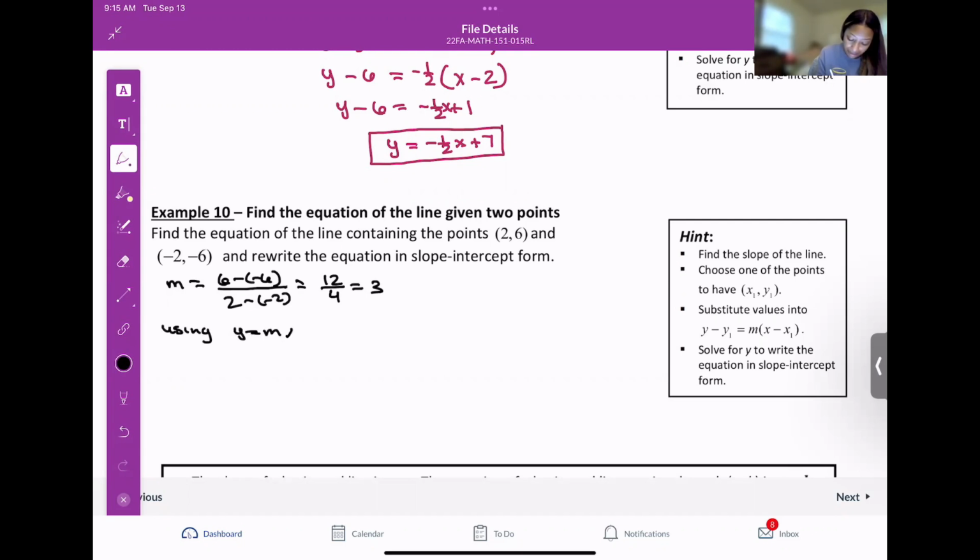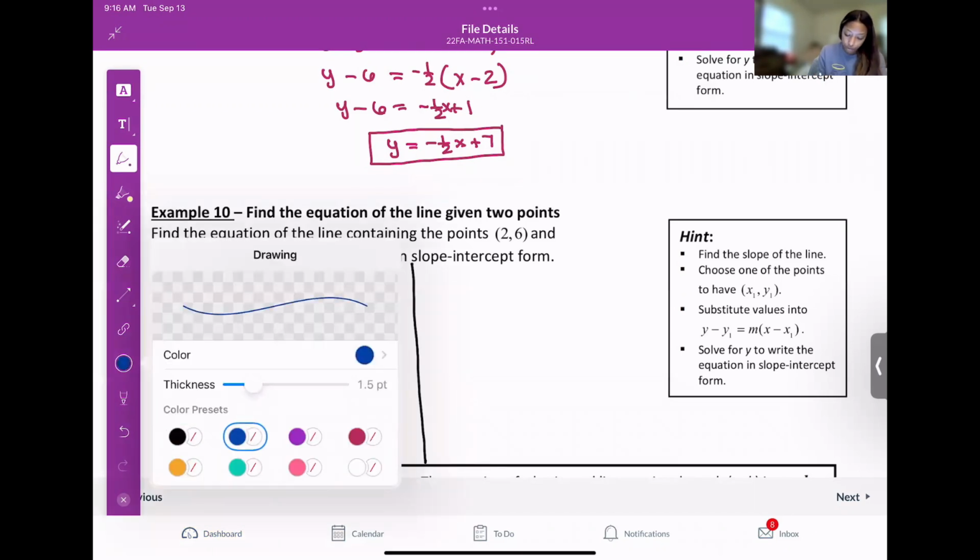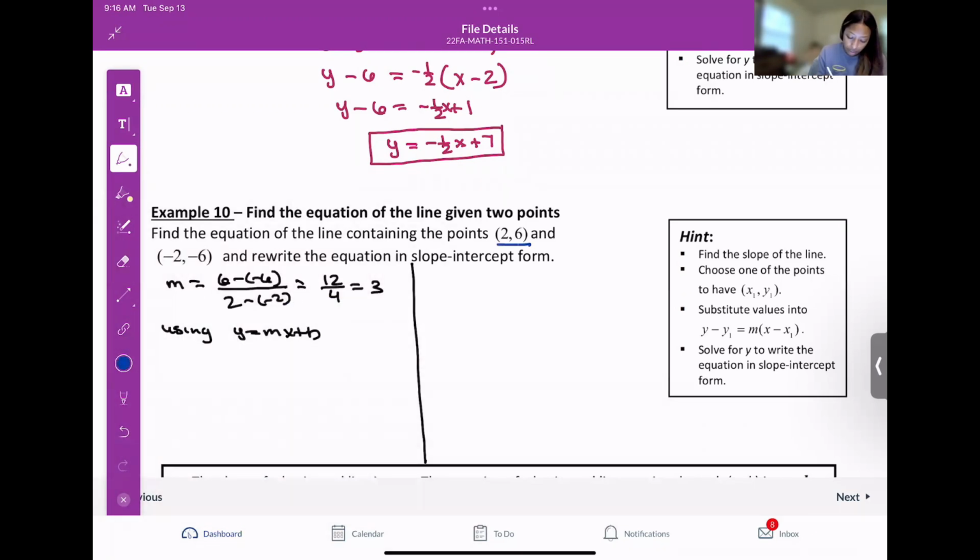If you want to do this using y equals mx plus b, this is the way I showed you earlier that we can solve a problem like this if you're given two points. You can find your slope and then use one of the points. It doesn't matter which one. I'm going to use (2, 6). Plug the 2 in for x, the 6 in for y.